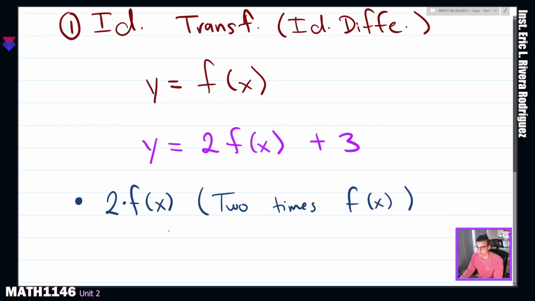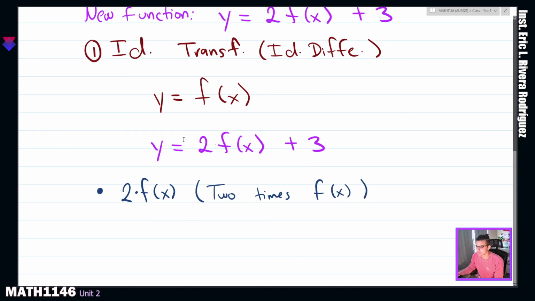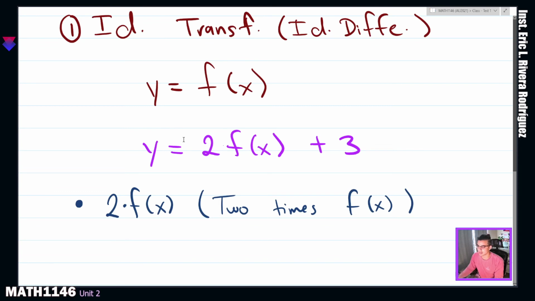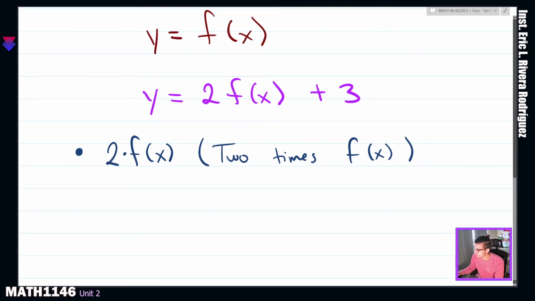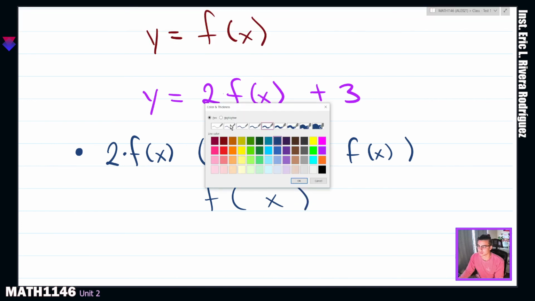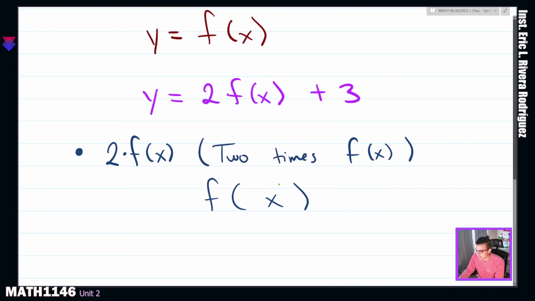Okay, first thing that we need to know. Everything inside this parenthesis is going to be known as the input group. All right?